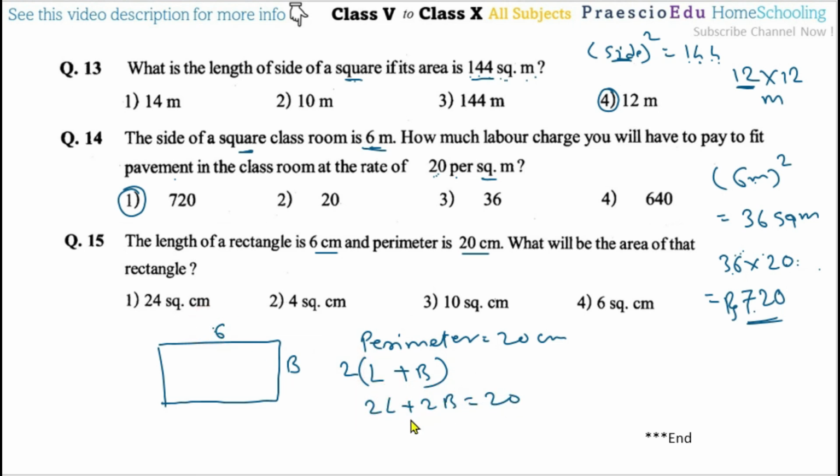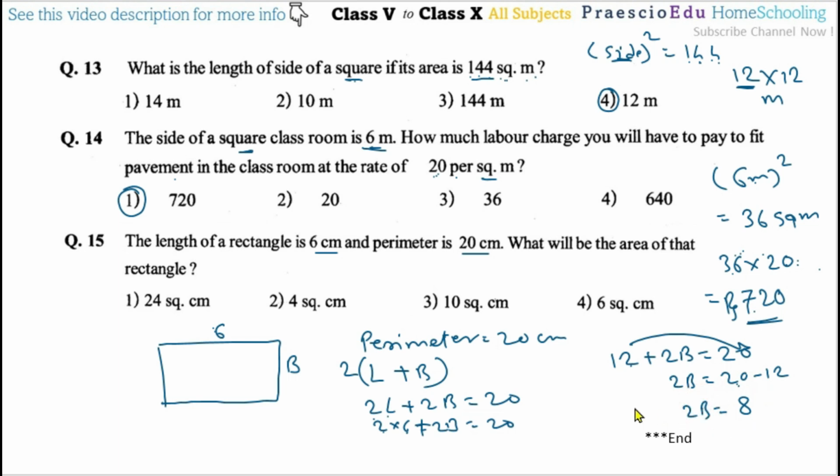Now L is given as 6, so 2 multiplied by 6 plus 2B is equal to 20. Now this is 12, so 12 plus 2B is equal to 20. So 2B is equal to 20 minus 12, because here it is addition, so when shifting to the other side it will be subtracted. 20 minus 12 means 8. So 2B is equal to 8, means B is equal to 4. So the breadth is 4 centimeter.